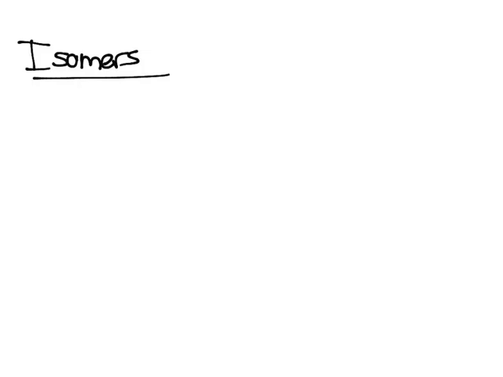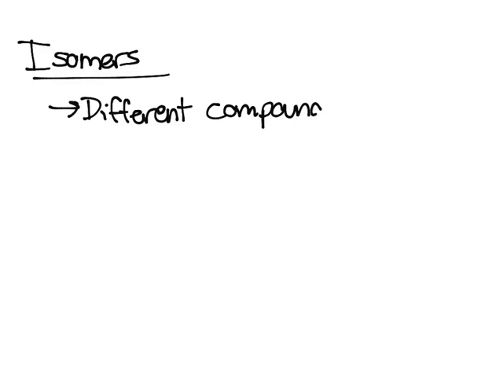So in this video, I'm going to talk about isomers and two different types, such as constitutional isomers and stereochemical isomers. And so isomers are different compounds with the same molecular formula.